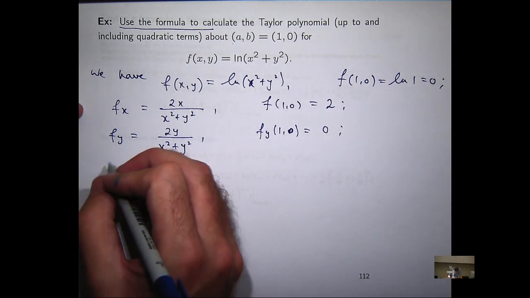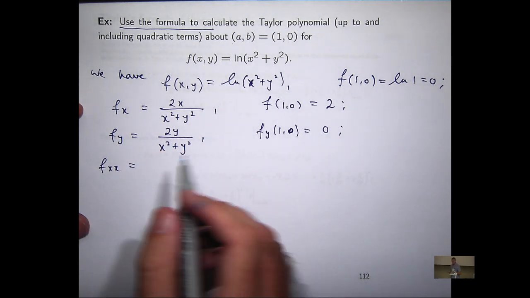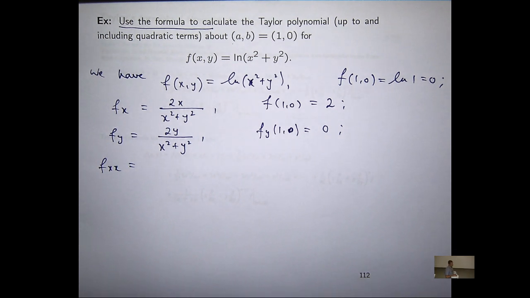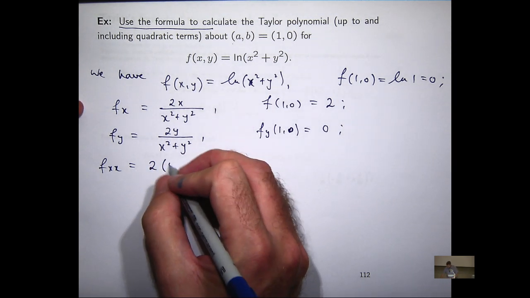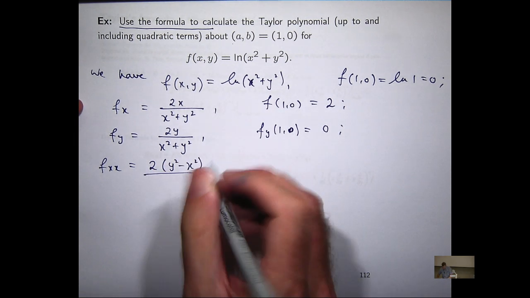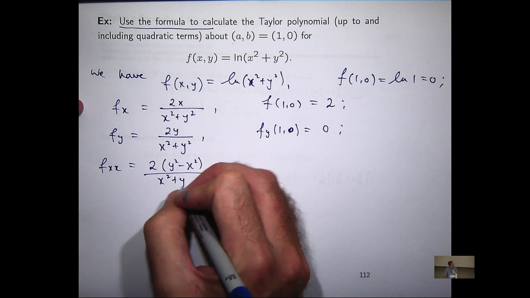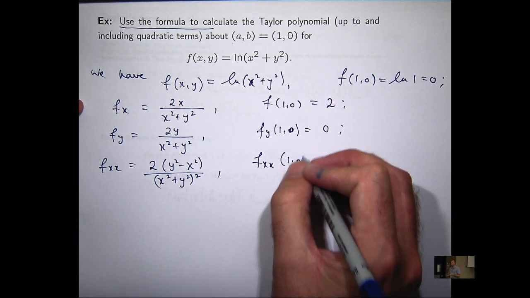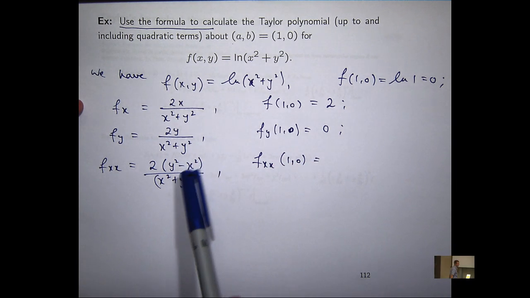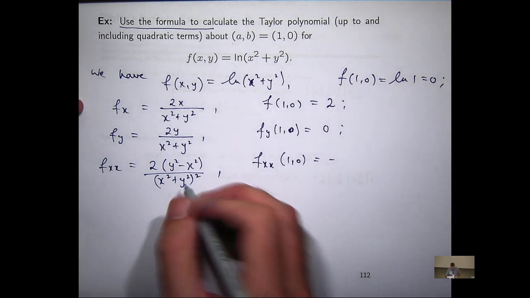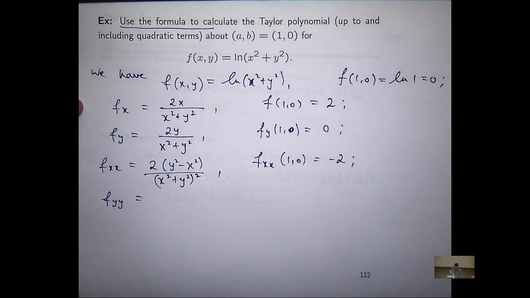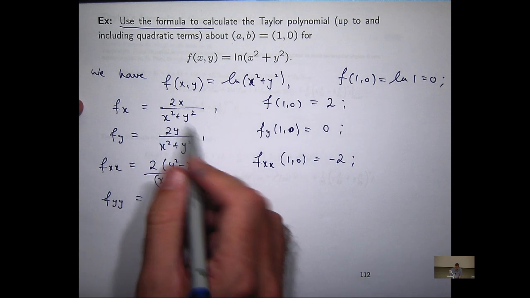So now on to the second partials. To differentiate up here, I can do it a few ways, maybe using the quotient rule. If you calculate that, working off one I've prepared earlier, you'll get something like this. And then subbing in x equals 1, y equals 0, I should get minus 2. F sub y, so differentiate this.